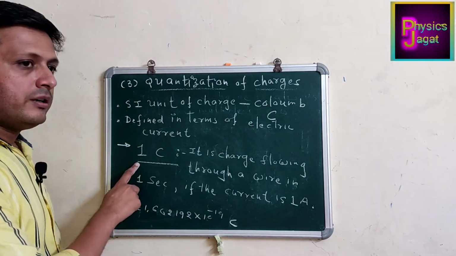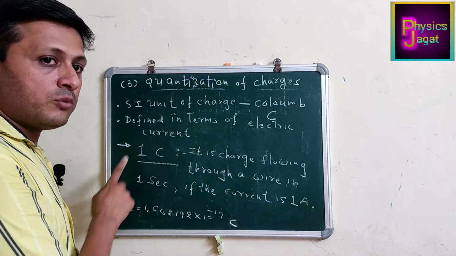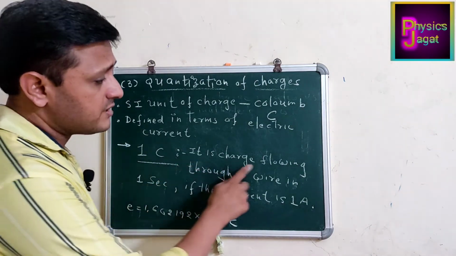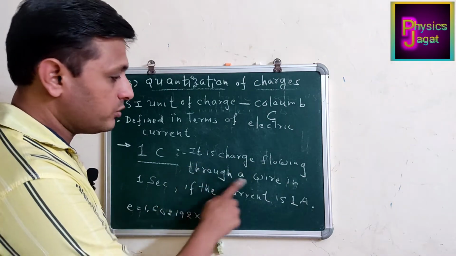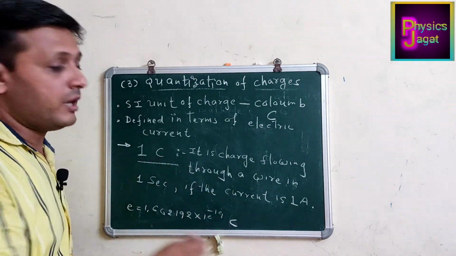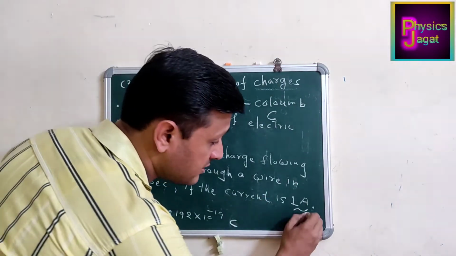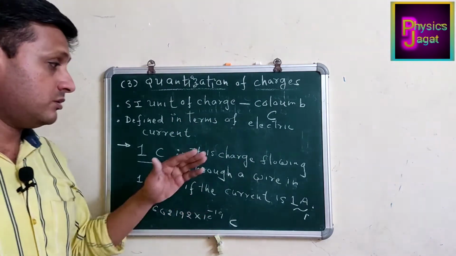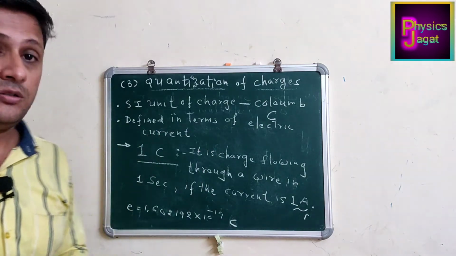There is one very easy definition given in your book for 1 coulomb. 1 coulomb is the charge flowing through a wire in 1 second if the current is 1 ampere, where the SI unit of current is the ampere.